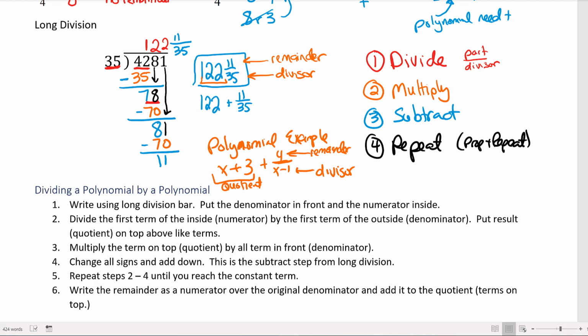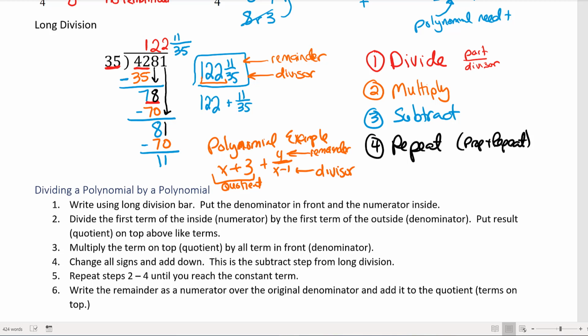So here's your steps. Step 1, write using a long division part. Put the denominator out in front and the numerator inside, just like we had the 4,281 inside and the 35 outside. Step 2, divide the first term of the inside, the numerator, by the first term of the outside, the denominator. Remember, we have dividing the part by the divisor, okay?